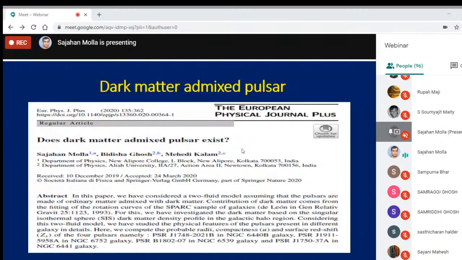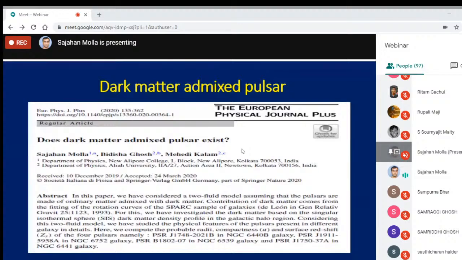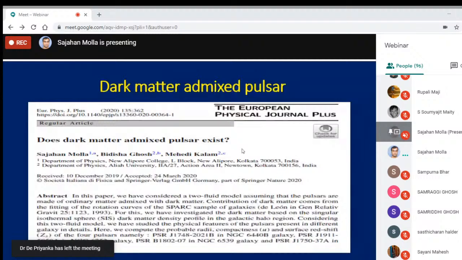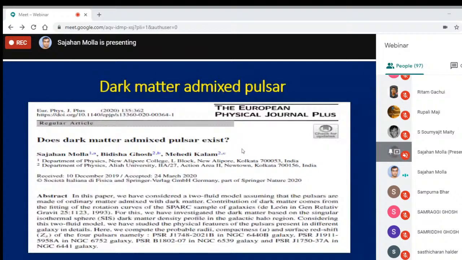Here we give the basic idea about the 4 pulsars, which are taken from 4 different galaxies, and they stay in the spiral galaxy. And we calculated the basic parameters in our model: probable radius, compactness, and surface redshift of the 4 pulsars.